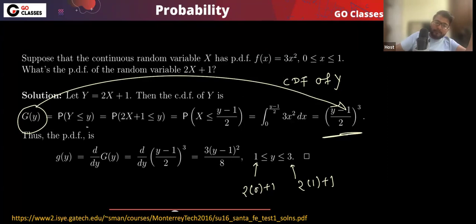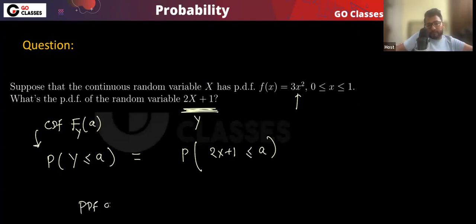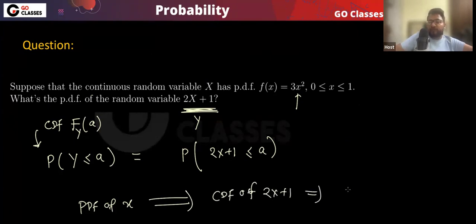So basically here, what we did, we have to go via the CDF, which means from the PDF of X, using this we found out the CDF of Y, using which we found out the PDF of Y. Okay, this is Y.